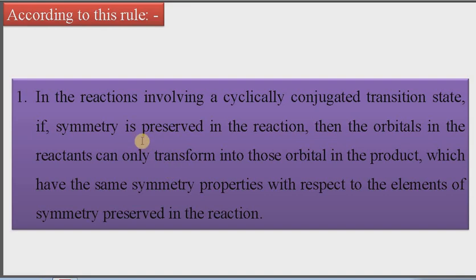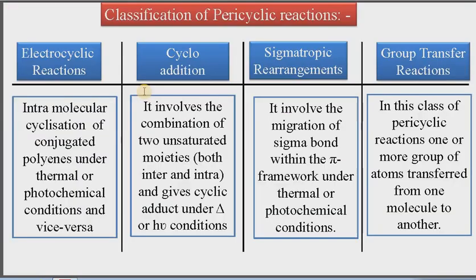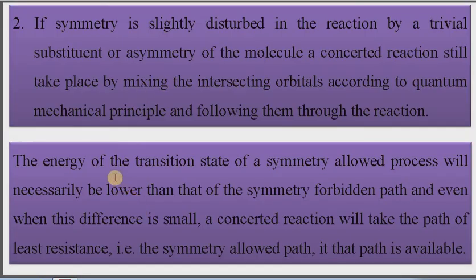So the same sentence is repeated here. If symmetry is slightly disturbed, okay, in some cases the symmetry is not conserved and we get a product different from the symmetry conserved one.